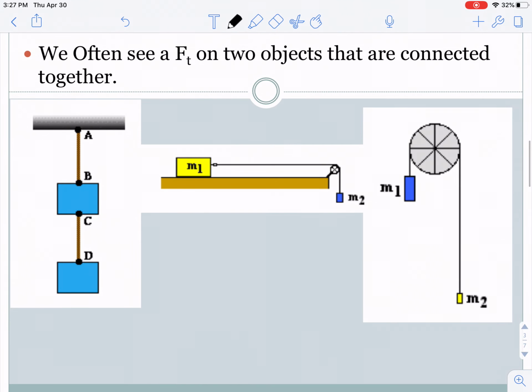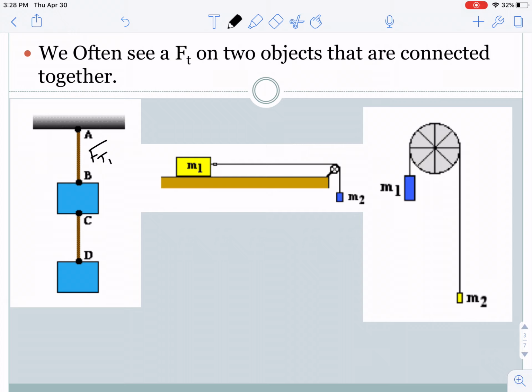So here's the example of the multi-body problems. We have two masses that are attached to the rope. And so we're going to have two different tension forces, this force of tension 1 and this force of tension 2. This one's relatively straightforward because we know that F net is equal to 0.